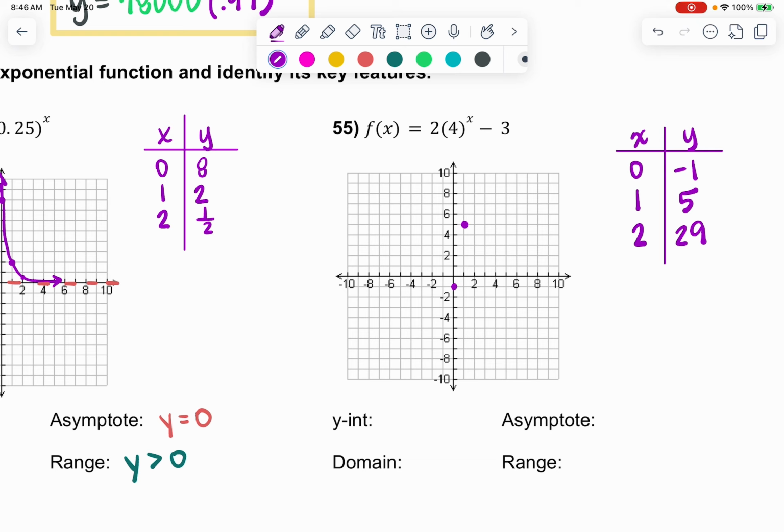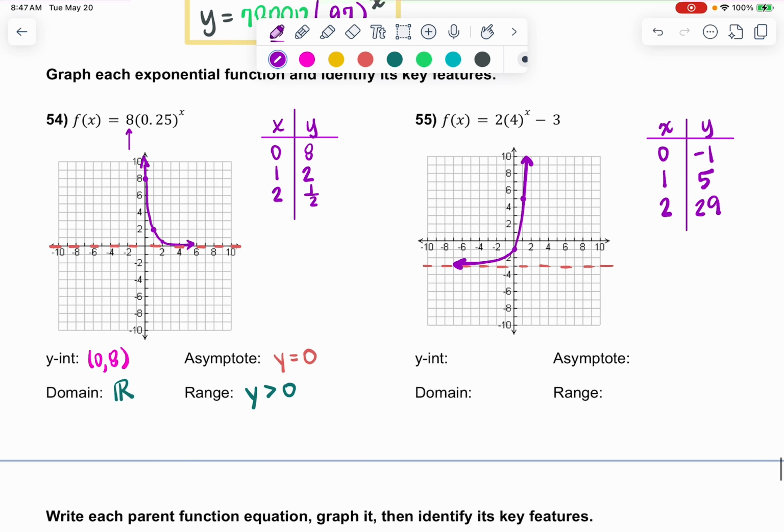And then we know our asymptote is at -3. Trying to get that line. There we go. And that's enough points to help us get a decent looking curve, right? So it's a very steep curve because it's growing 400%, right? But then we're going to become asymptotic to that y equals -3 line, right?